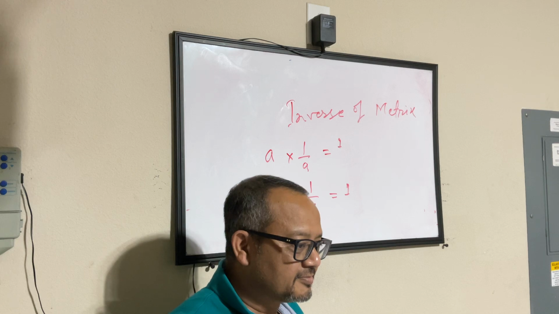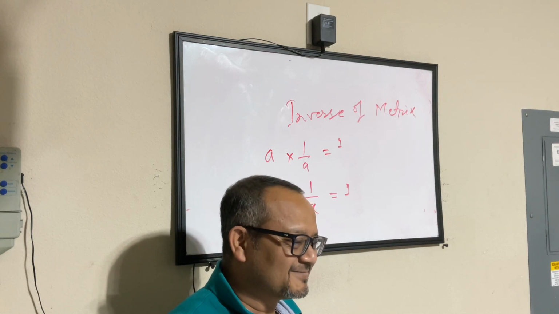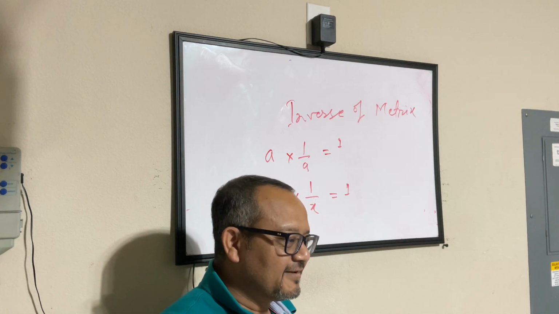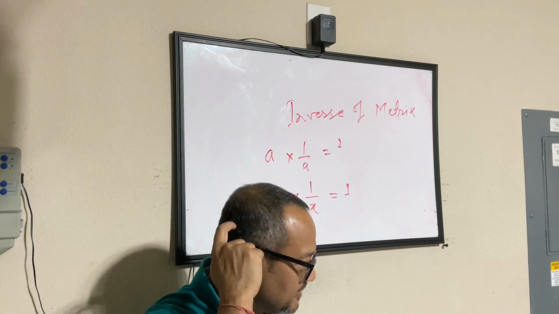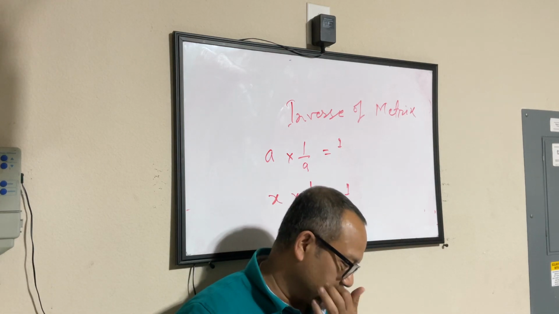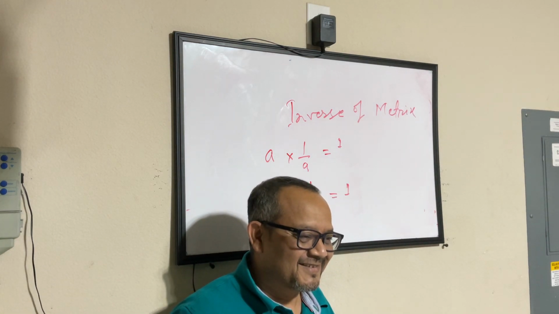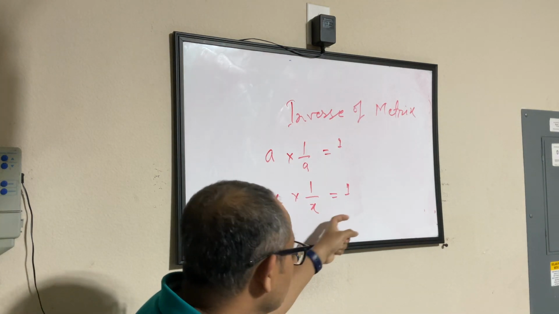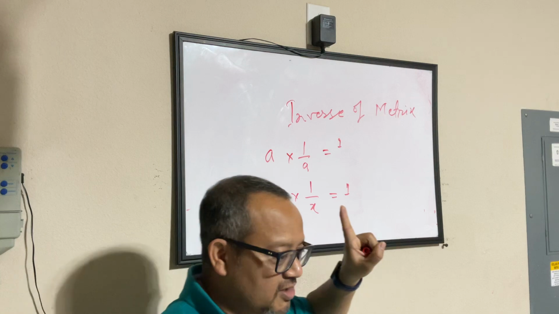Yeah? Now? Yes or no? When I multiply anything with its inverse, what I'm getting is 1, right?